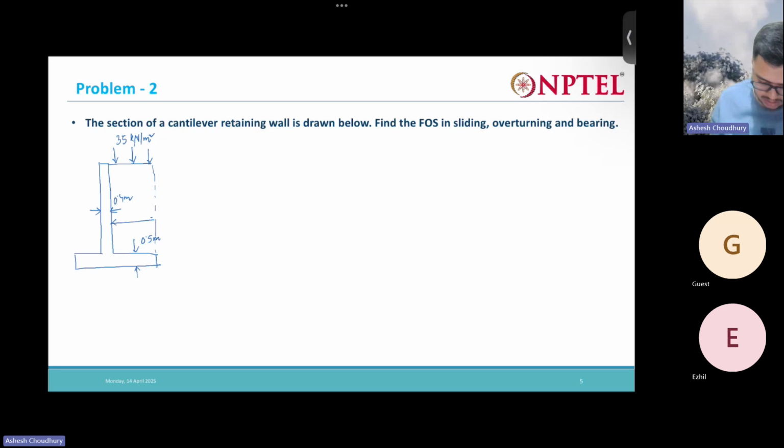This is 2 meters. And from the top to bottom, this is 6 meters.